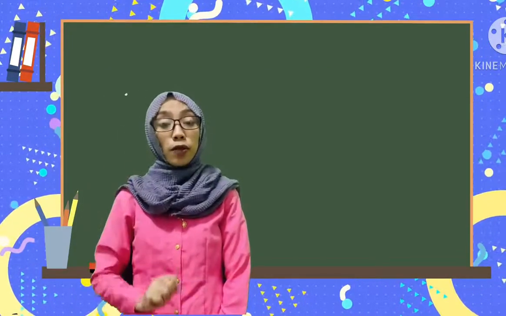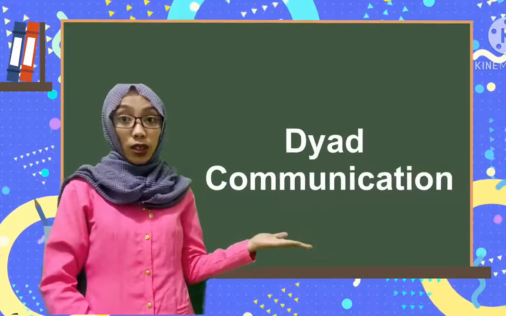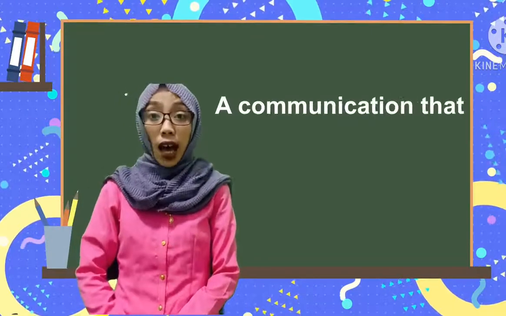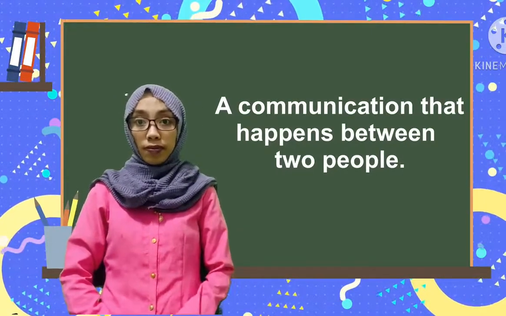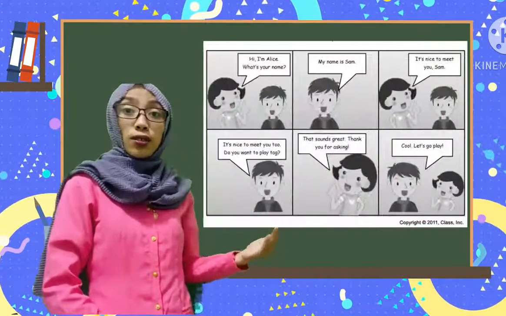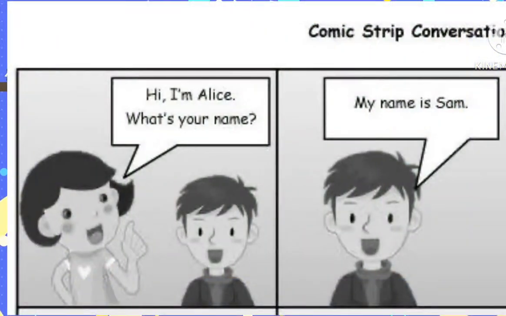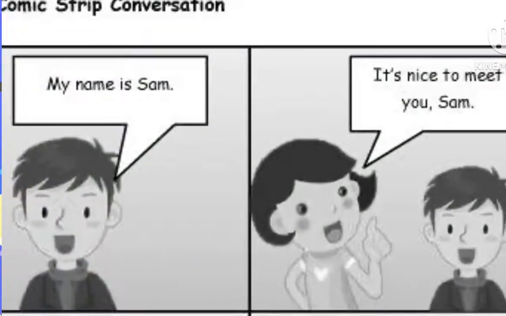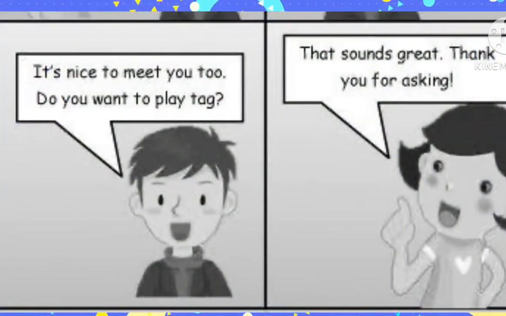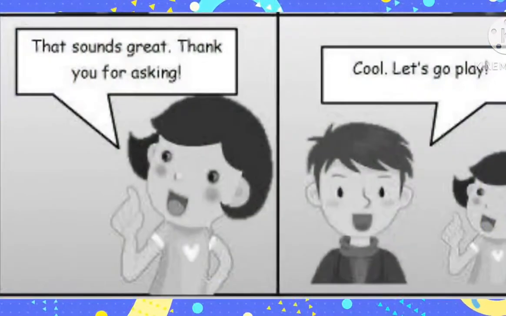There are 2 types of interpersonal communication. The first one is the direct communication, a communication that happens between 2 people. So take a look at this comic strip. Is there a communication between them?